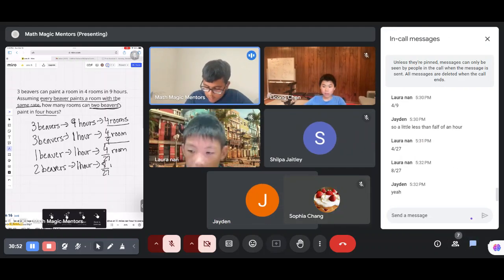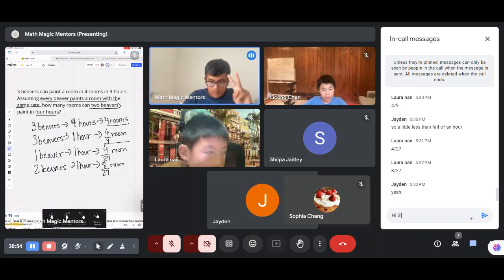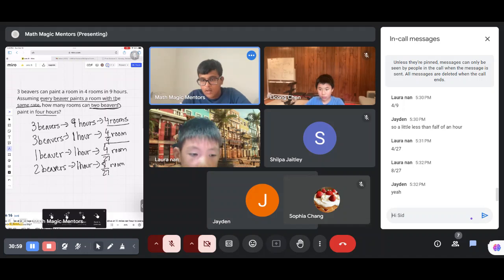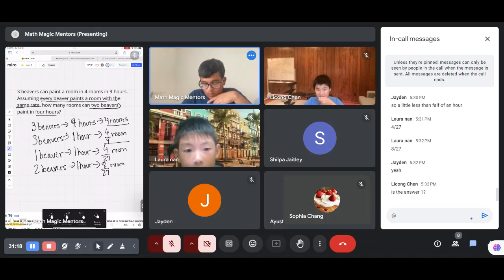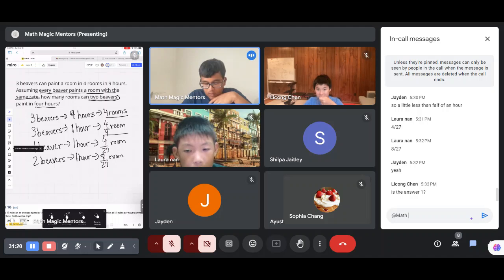Because if you think about it, two beavers are going to paint in 1 hour more than what one beaver is going to paint in 1 hour. Does that make sense? So 8/27th of a room is what two beavers are going to paint in 1 hour, because one beaver only paints 4/27. Two beavers are going to paint more than that, right?